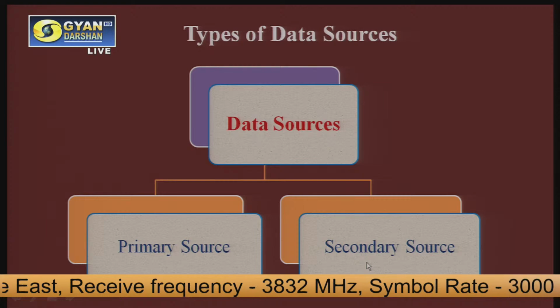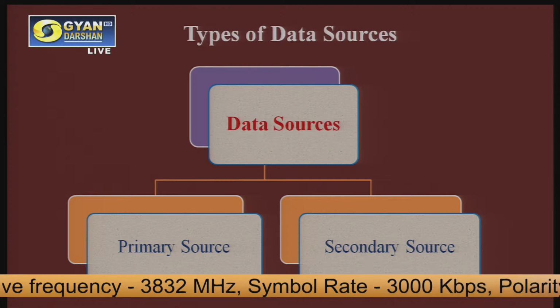Now the question is, what is the primary source and what is the secondary source? Primary source means, at first hand, when the researcher is directly involved in getting data by interacting with the subjects, by administering certain tools, it may be a questionnaire, it may be a test upon the subjects, the students, then you can say that this data is primary in nature.